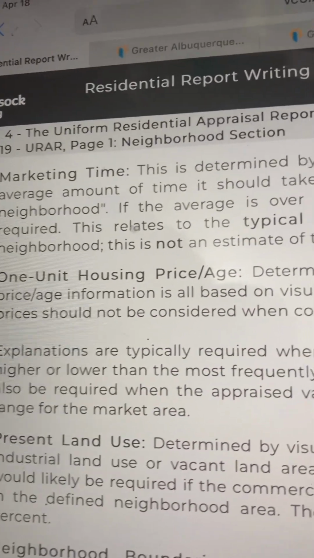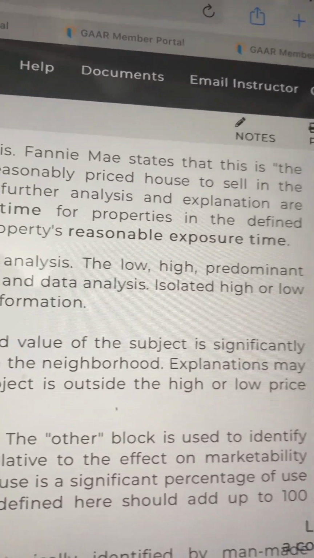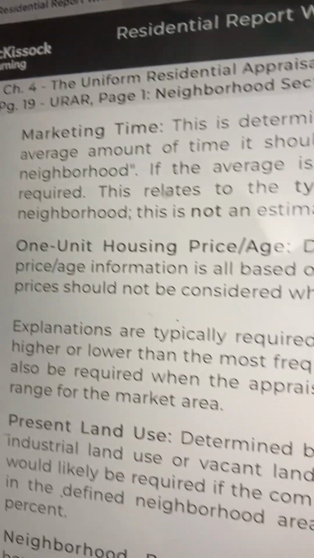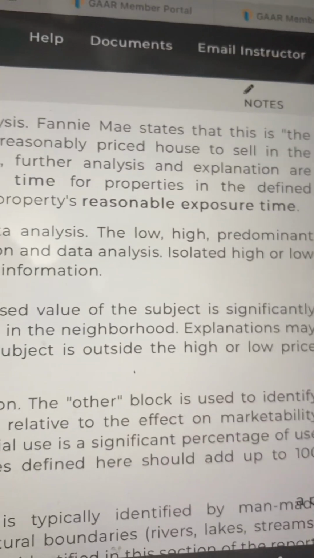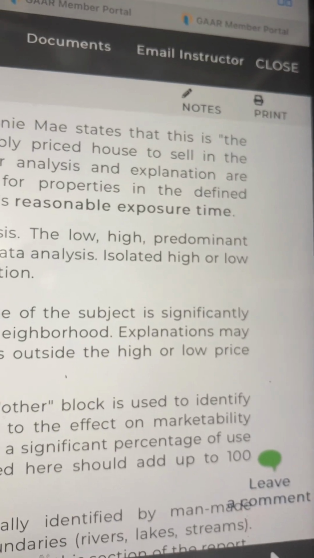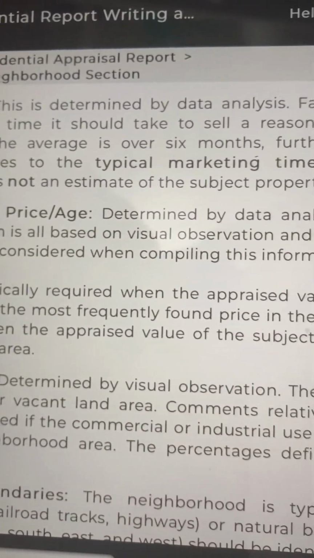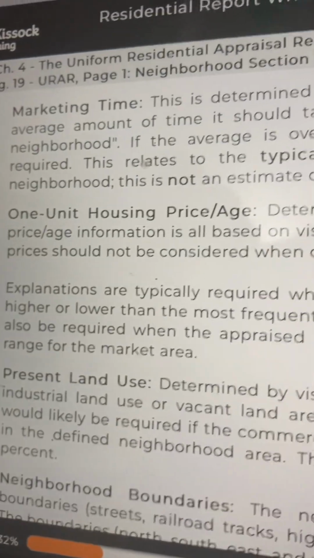Marketing time. This is determined by data analysis. Fannie Mae states that this is the average amount of time it should take to sell a reasonably priced house in the neighborhood. If the average is over 6 months, further analysis and explanation are required.